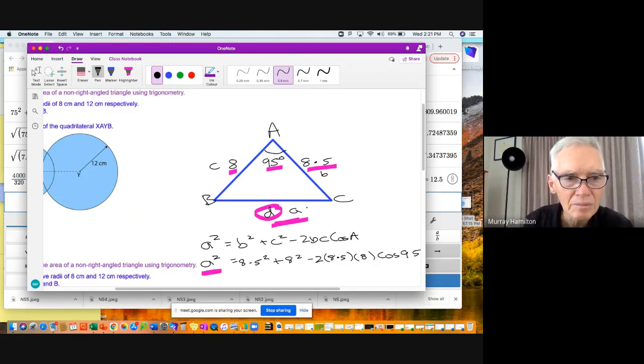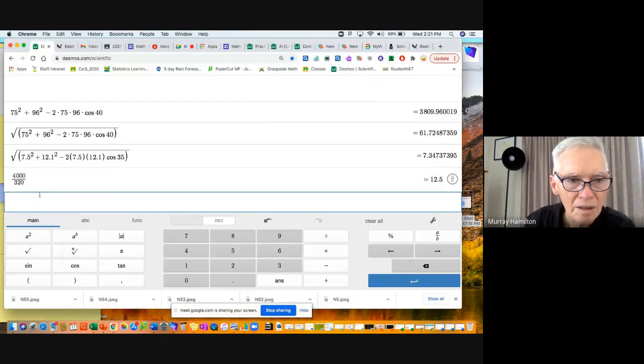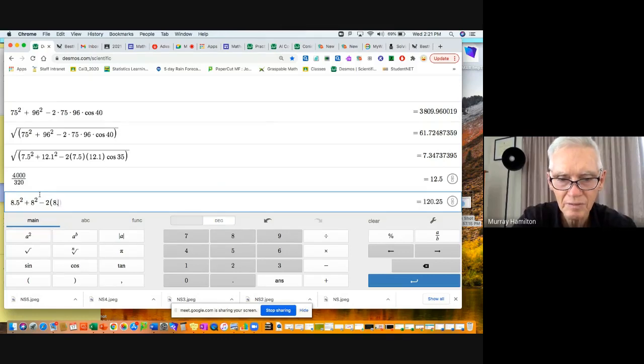So we've got 8.5 squared, excuse the noise in the background, plus 8 squared minus 2 times 8.5 times 8 times cosine of 95.